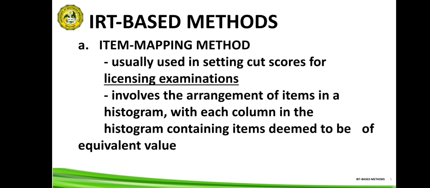Kumbaga, dapat alam ng judge kung ano ba yung kailangan i-possess ng isang test taker para makonsider na pasado siya, at ano ba yung kailangan para makonsider na competent yung isang test taker. So, after knowing, syempre may idea na yung judge, there is a presentation of items from that column. Diba na-categorize na siya?